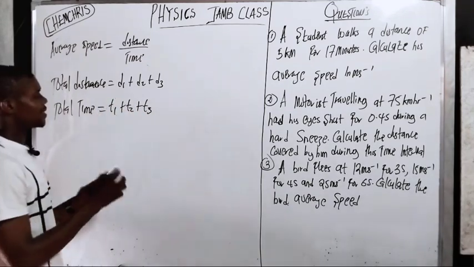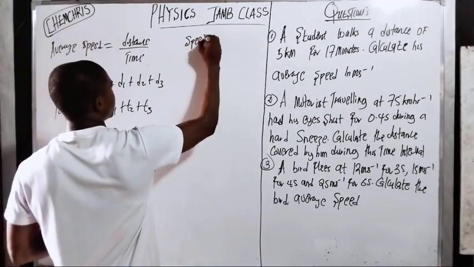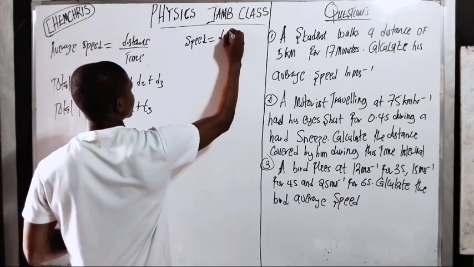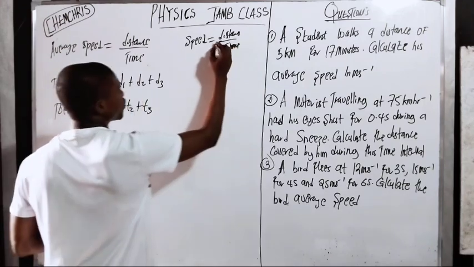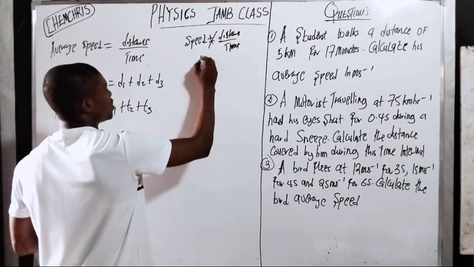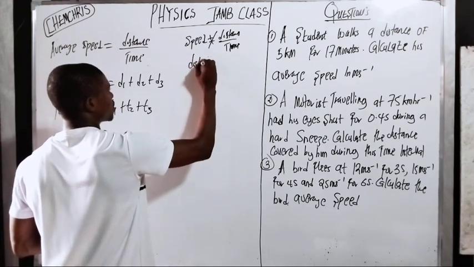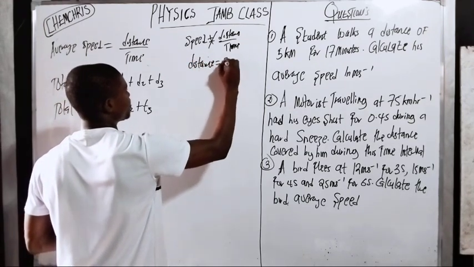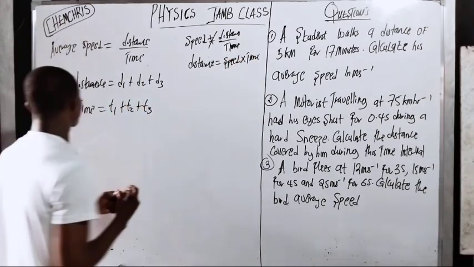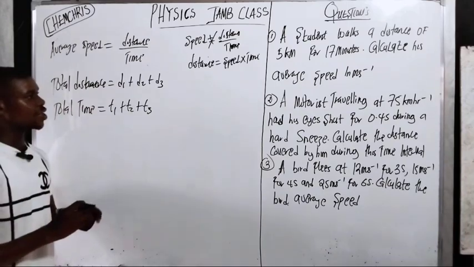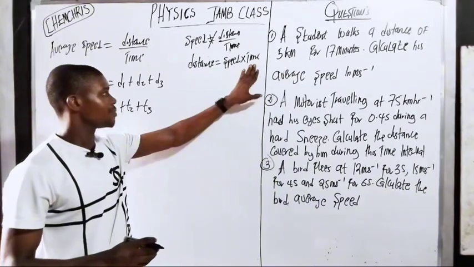So how do I get my d1? Remember, speed is distance over time, so if you make distance the subject of the formula, distance is equal to speed times time. So my d1, that is distance 1, is going to be speed 1 times time 1.